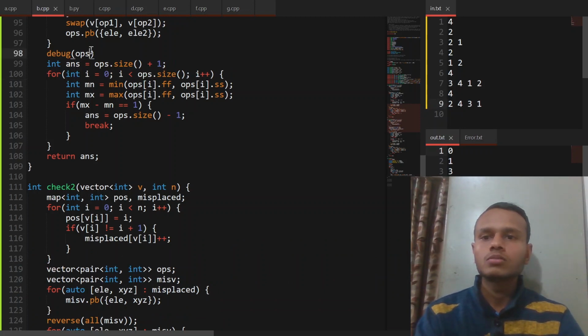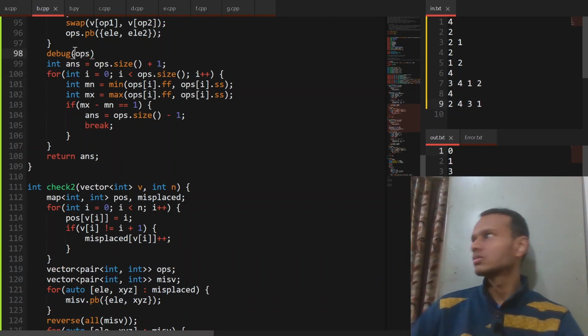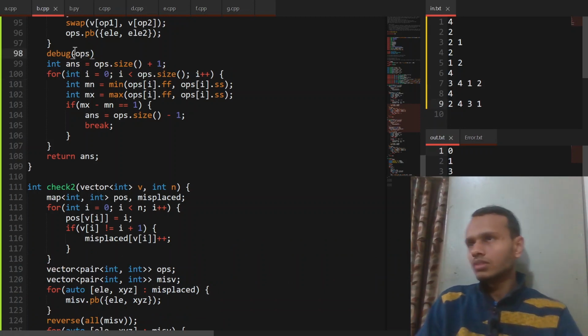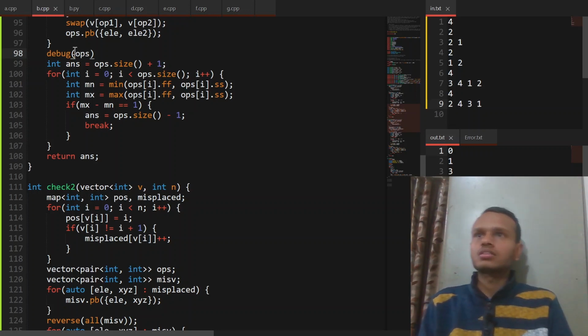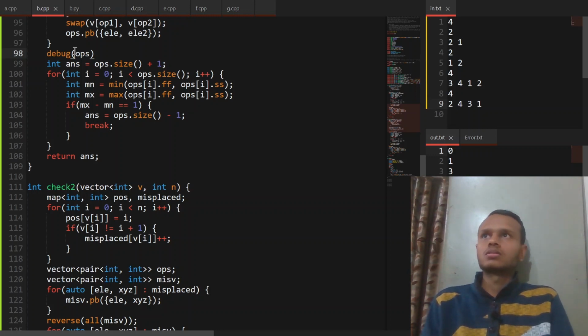Ultimately, I am performing these operations. Yeah, that's the issue, that the sequence can be some other. Like there are many possible sequences of operations that can take place.